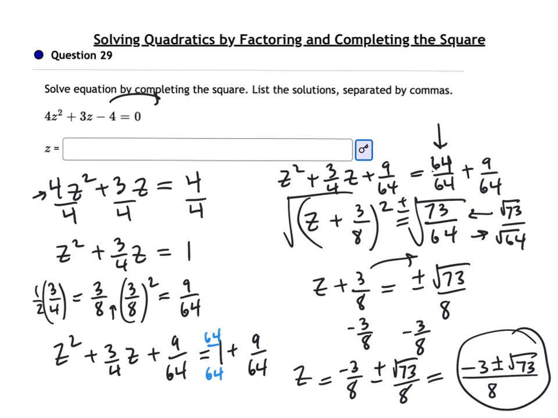When we list the answer here, we're going to have to list it as two answers. One is negative 3 plus root 73 over 8. The other answer is negative 3 minus root 73 all over 8. Separate them by a comma.